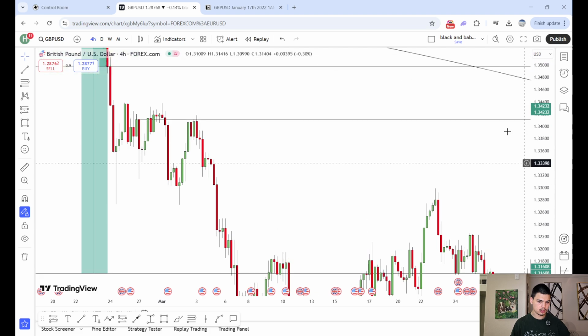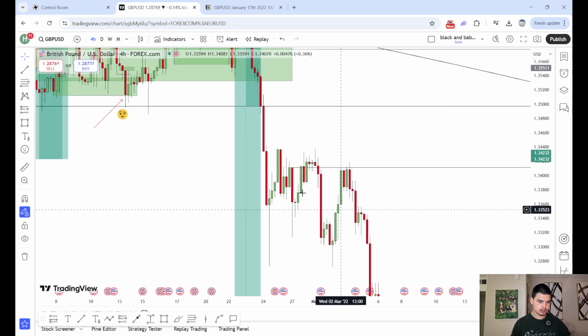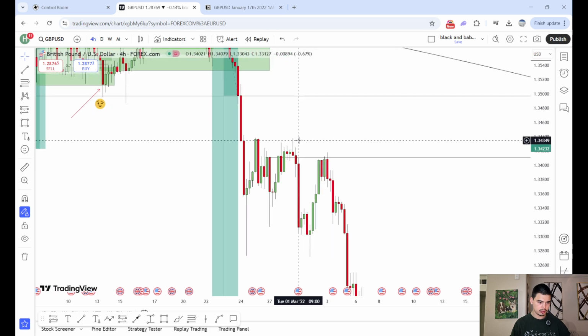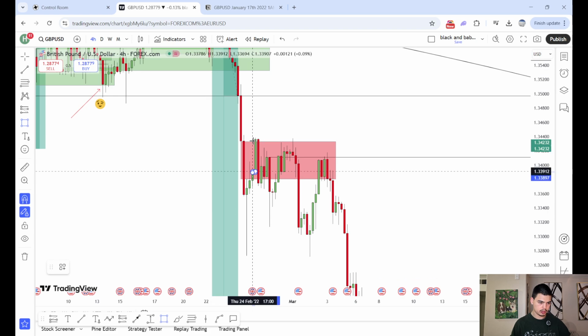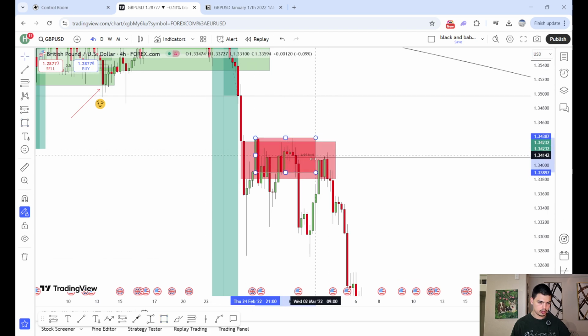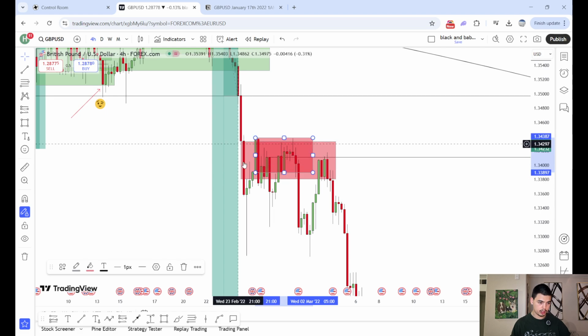So it was right here, Sunday opened and it went high. What is it going high into? It's going high into this 4-hour order block right here, and this 4-hour. So this 4-hour order block and this 4-hour fair value gap right here.